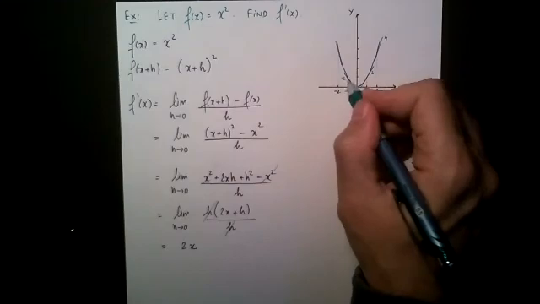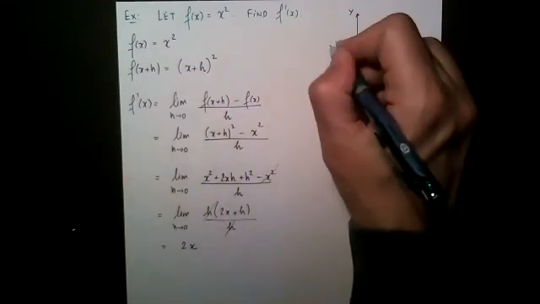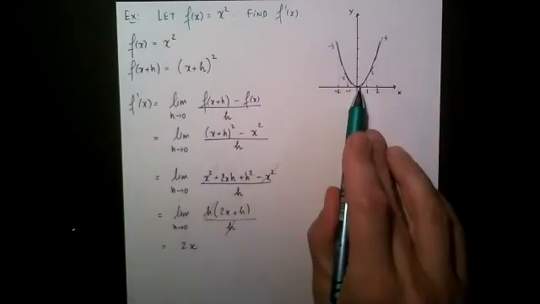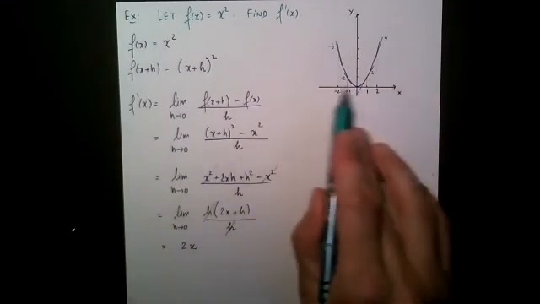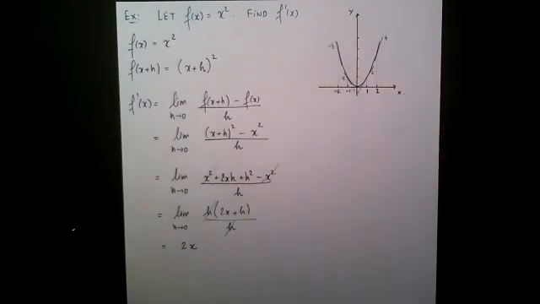Makes sense, it's a negative slope. At x equals -2, 2 times -2 is -4. And of course, at x equals 0, you see that it's flat, so the slope would be 0. Does this make sense?